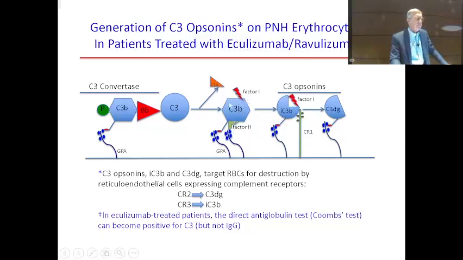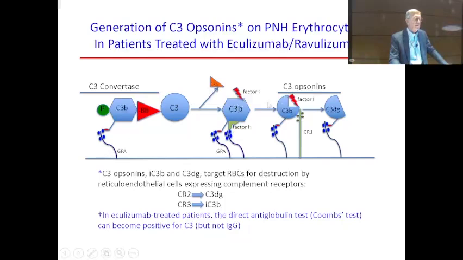So once this gets attached to the red cell, it very rapidly undergoes degradation by a combination of factor H and factor I. This results in cleavage of the C3 molecule, and then another red cell protein, CR1, results in further cleavage of this, leading to degradation with the C3dg moiety.